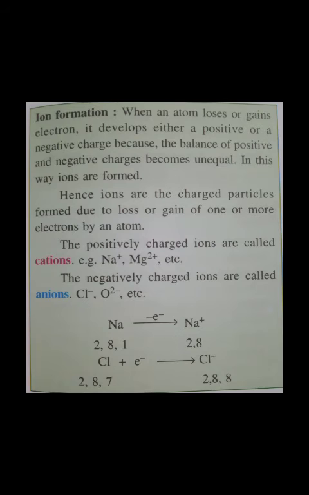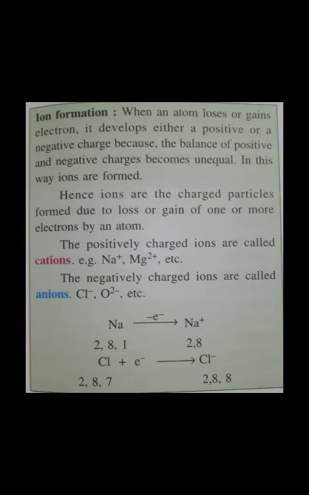Now see what is happening with chlorine. The configuration of chlorine is 2, 8, 7. That means in the last shell 7 electrons are there and it needs one more to complete its octet, right? Or it can lose 7 electrons, but gaining one electron is better than losing 7 electrons.